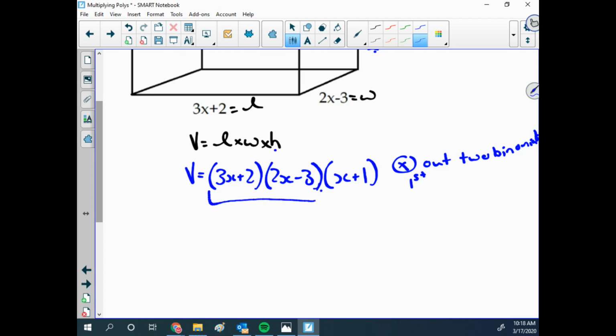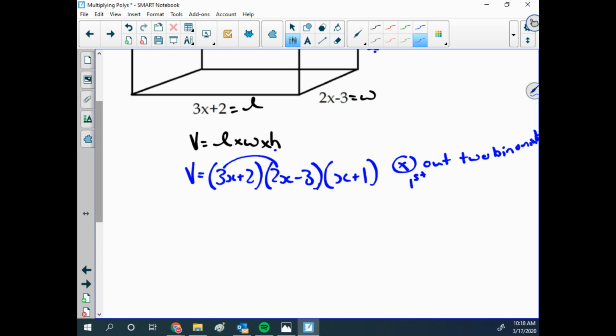So we'll just multiply out these guys right here. Now you could use a grid, you could use algebra tiles at this point. I choose to personally use distributive property just because then I don't have to put it in a grid and then put it back into my equation and then use a grid again.